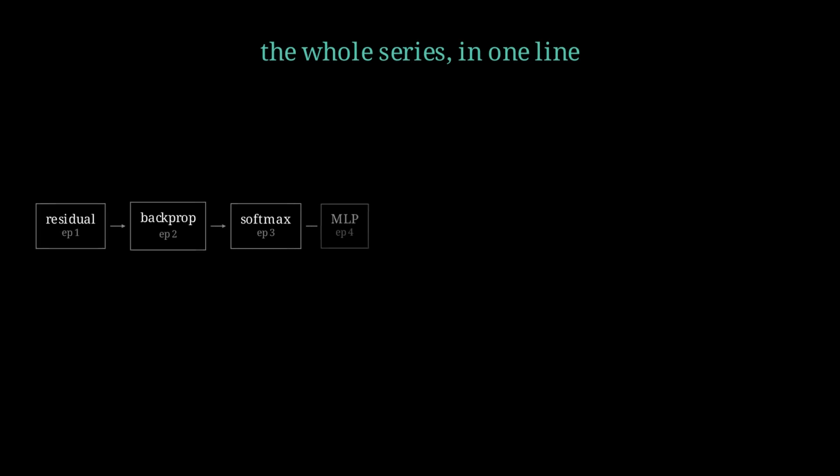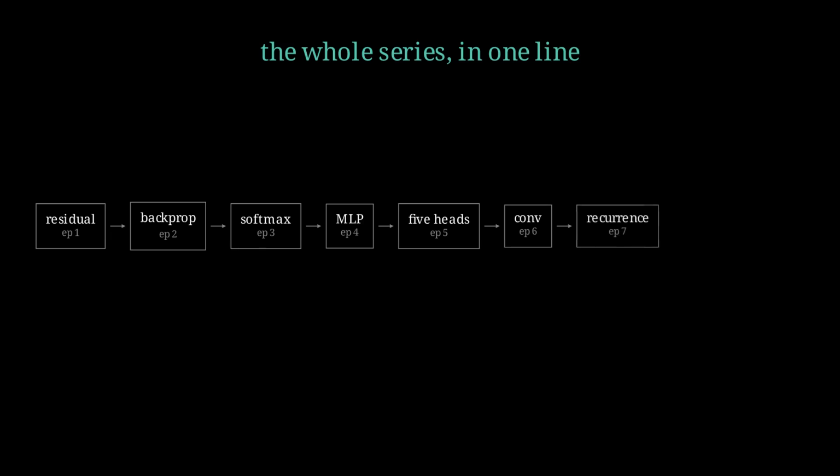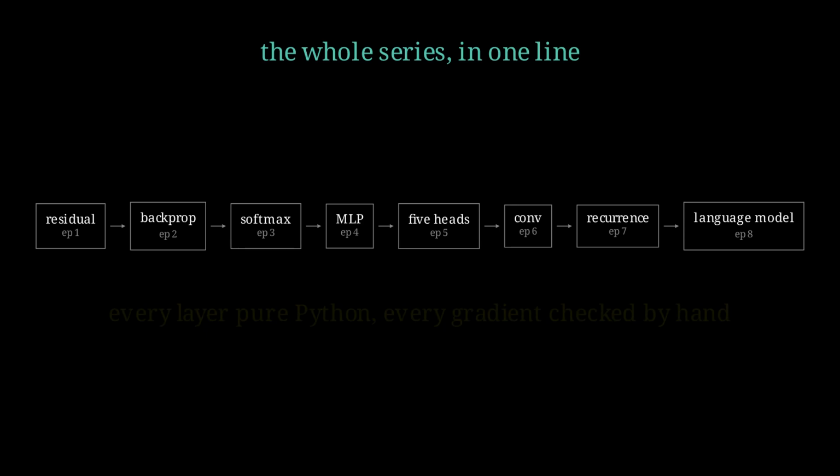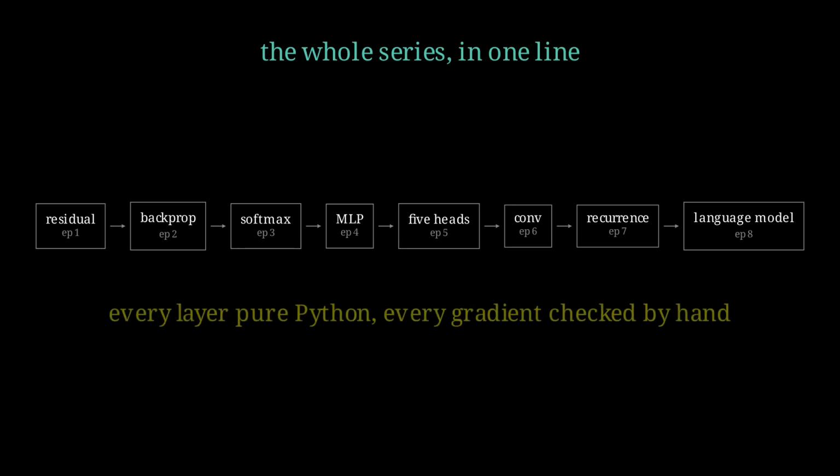So let us step back and look at the whole road. It started with 1 unit and the residual, the prediction minus the target, in episode 1. Episode 2 turned that seed into backprop, the gradient walked backward through the layers. Episode 3 widened the output into softmax. Episode 4 stacked layers into a multi-layer perceptron. Episode 5 made the head explicit: binary, categorical, real-valued, count, and uncertainty.